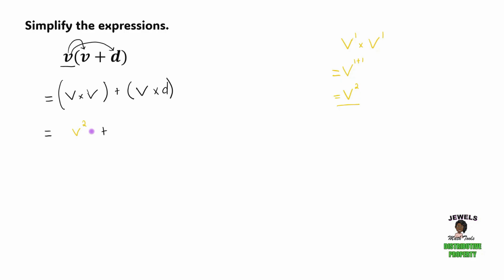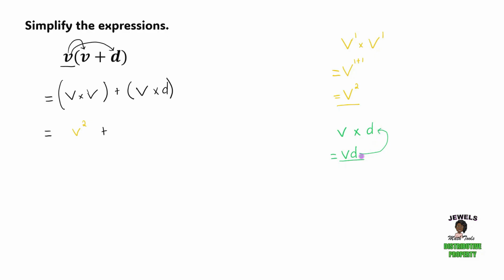And in our second parenthesis, we are multiplying our v times d, and because both of these terms are different, we are just simply going to combine them together, meaning that we're going to write v and d together, remembering also that even though it's not said, you must understand that this is a law in algebra that when two terms are written side by side, they are being multiplied.